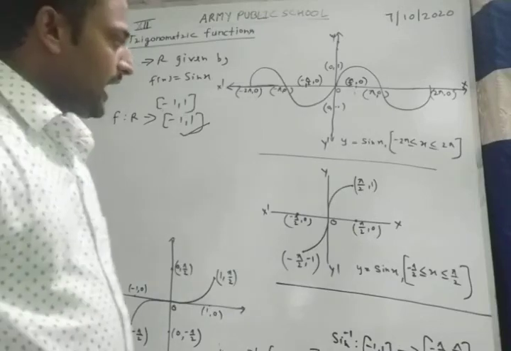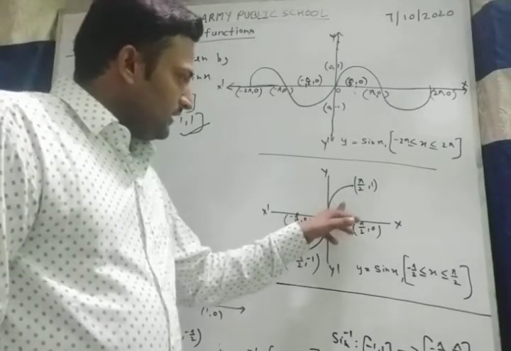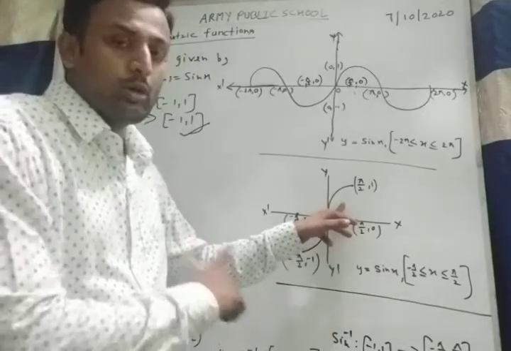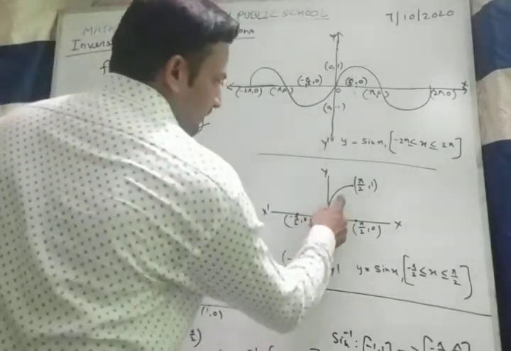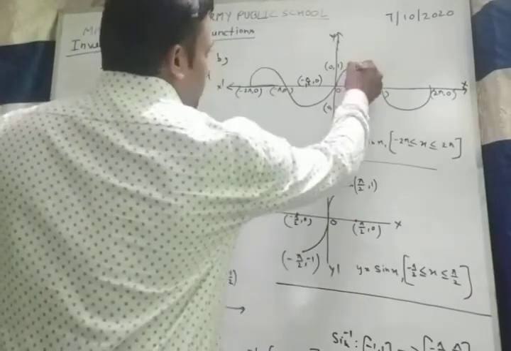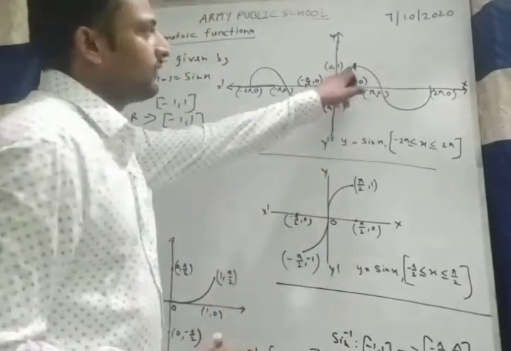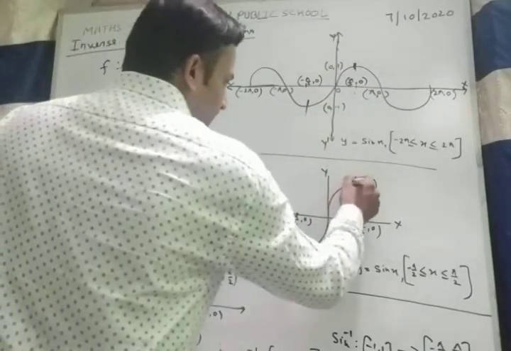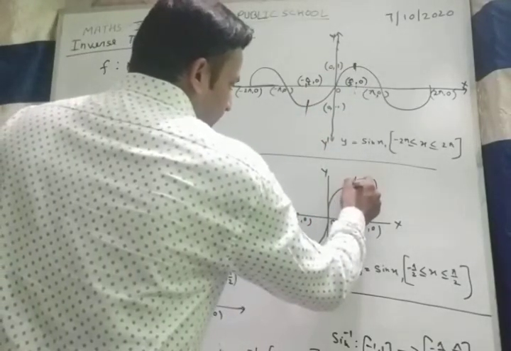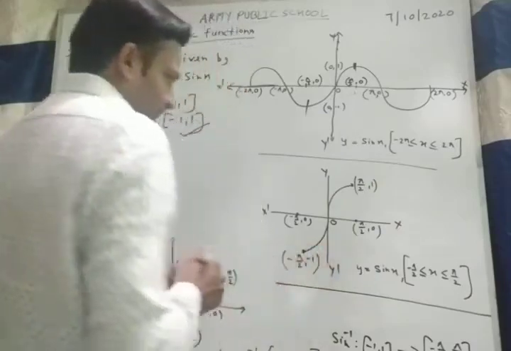We have to change it so that there is no turn in the graph. From the graph we see that from here to here is the first turn, so we stop it from here to here.